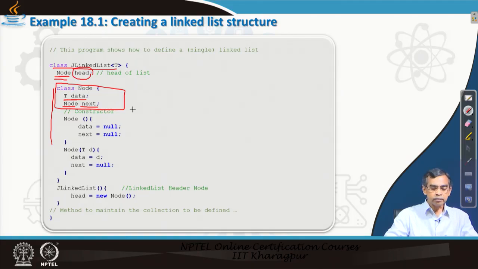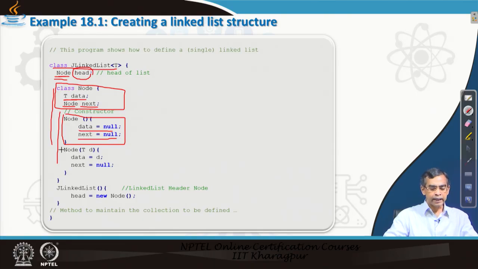Now, in order to create the nodes, and then finally the linked list, we should have a constructor. That means how a node can be initialized or created. In this program we have defined 2 constructors. The first is a default constructor. As you see, it creates a node for which the data is null and next is null, meaning both the fields are null.